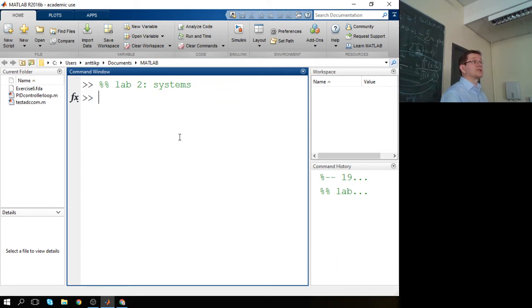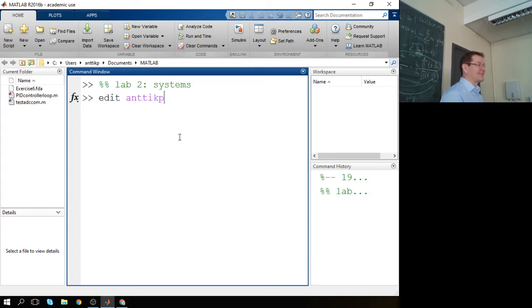How to make functions in MATLAB. I start by just writing edit and then figure out a good name for a function. For example, don't use this name. Use your own.